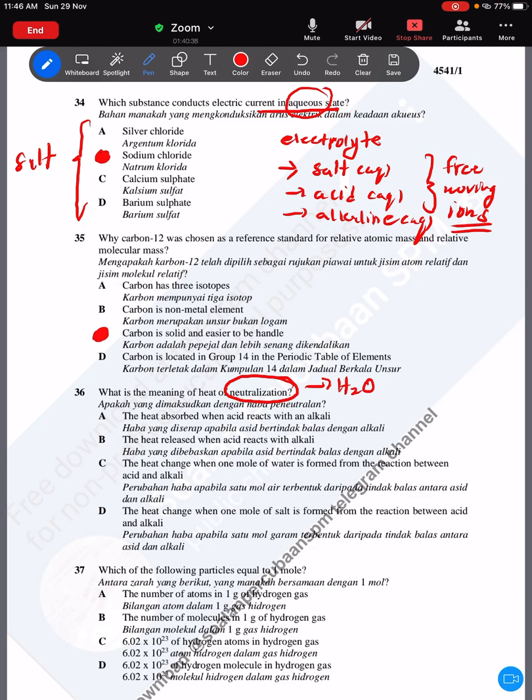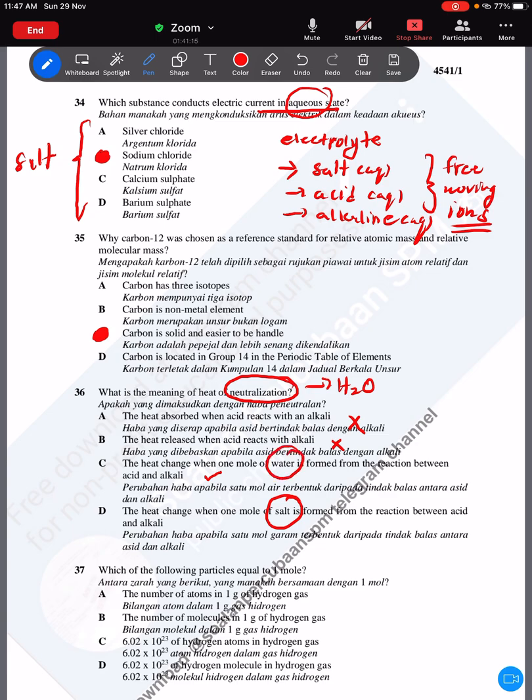That is the theory. Let's look the answer. The heat absorbed when acid react with alkaline? No. The heat released when acid react with alkaline? Not necessary. The heat change when 1 mole of water is formed from the reaction between acid and alkaline. Do you think this is right? But let's look the next one. The heat change when 1 mole of salt is formed. Betul ke?